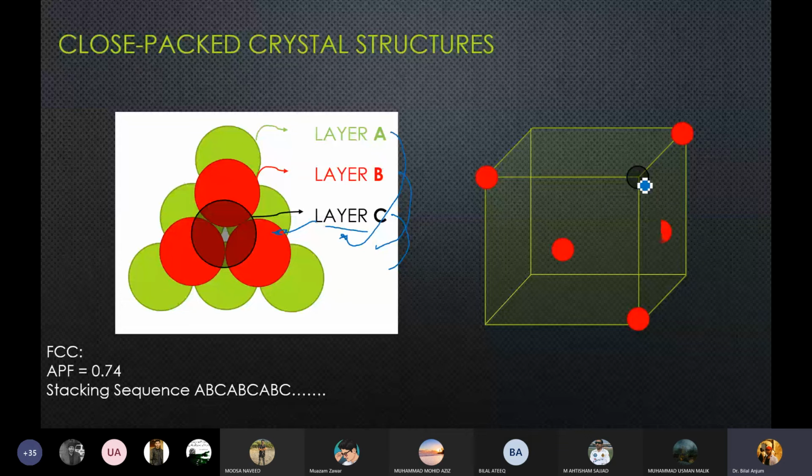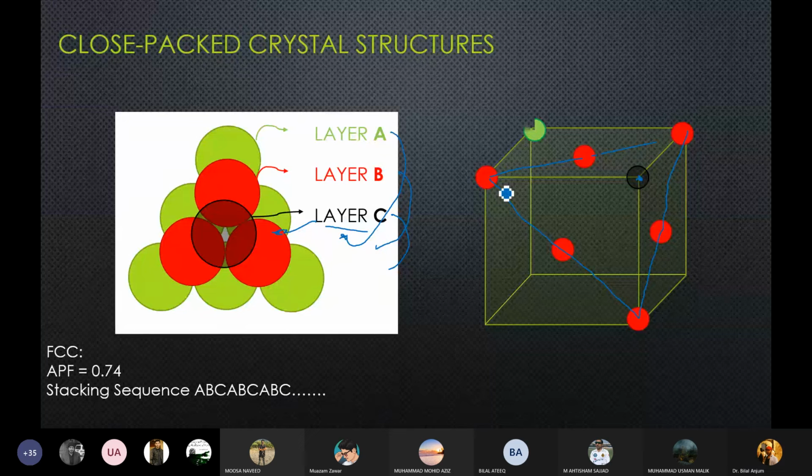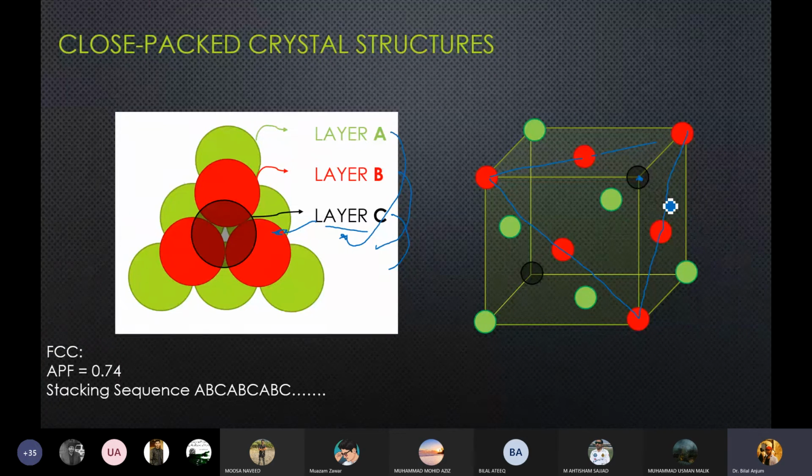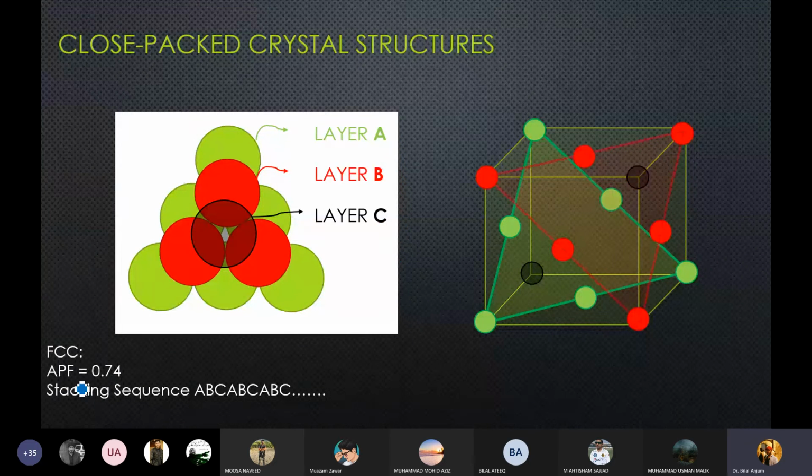If you could see in 3D, this point is above these points which are in layer B. And then you have layer A points which are below this red layer, which is layer A. So different unit cells would form layer A. On top of it is layer B, and since there is only one atom in this unit cell, I cannot draw the plane itself because there would be another atom over here.